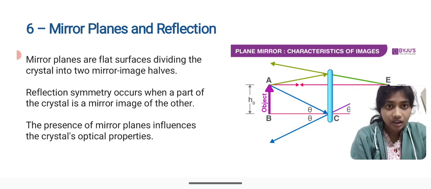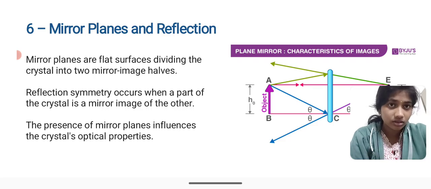Reflection symmetry occurs when one part of the crystal is the mirror image of the other. The presence of a mirror plane influences the crystal's optical properties. This is the relevant image for mirror planes and reflection.